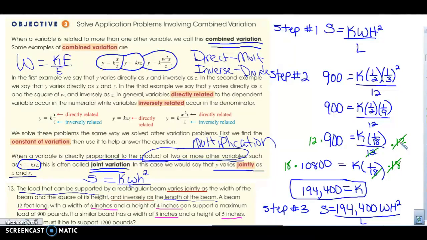I chose to multiply both sides by 12. First multiplying the numerator, got 1/18. Then I multiplied by 12 to get rid of the fraction, and so I ended up with 10,800 equals this. Then I multiplied both sides by 18 to get rid of the fraction, and I ended up with K being this. Once you have K, remember you plug it back into the original formula.